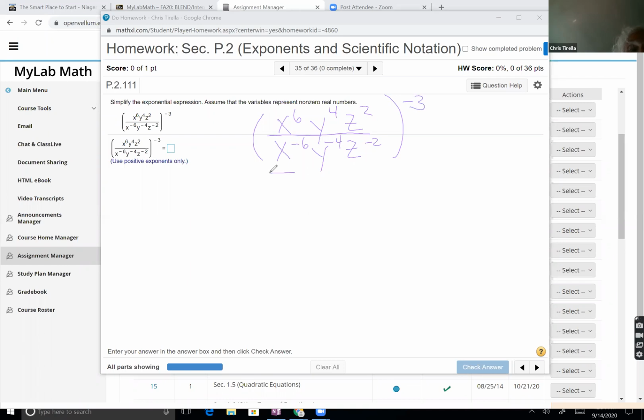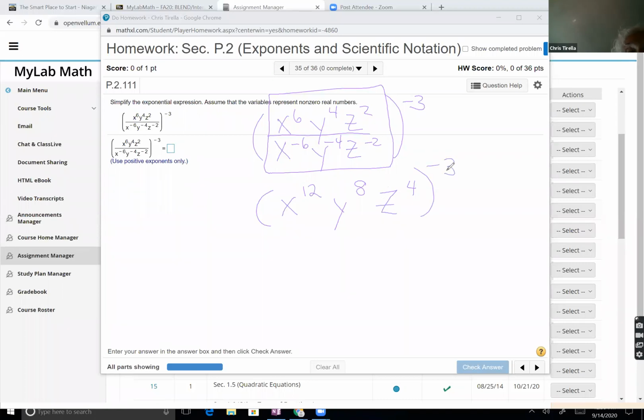The order of operations tells me to start inside. In the parentheses, I can divide. When I divide, I subtract exponents. 6 minus -6 is positive 12. 4 minus -4 is positive 8. 2 minus -2 is positive 4.